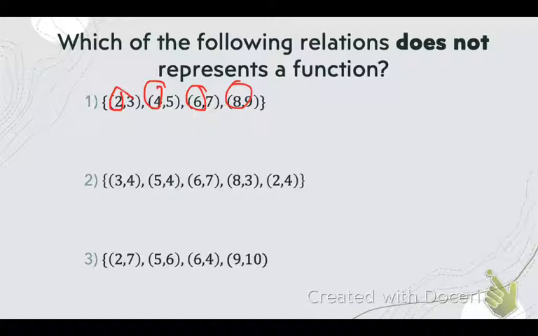For relation number 2, we have the ordered pairs (3, 4), (5, 4), (6, 7), (8, 3), and (2, 4). If I look at my x values, none of them repeat, so this is a function.